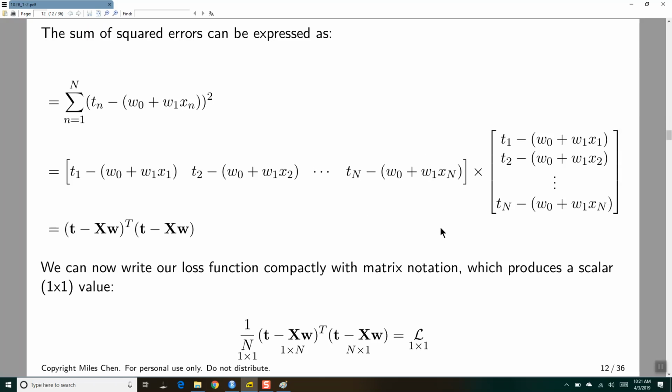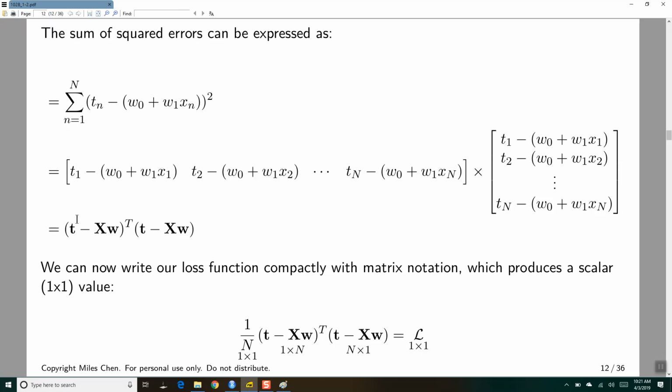And therefore, if I take that column of residuals and I transpose it so that it's a row, and I do matrix multiplication by the column of residuals itself, we're going to effectively just get the squared residuals, the sum of squared errors, because in matrix multiplication, you're doing this term times this term times this term, and you're adding them all together.